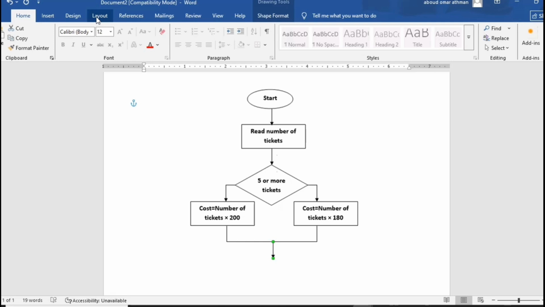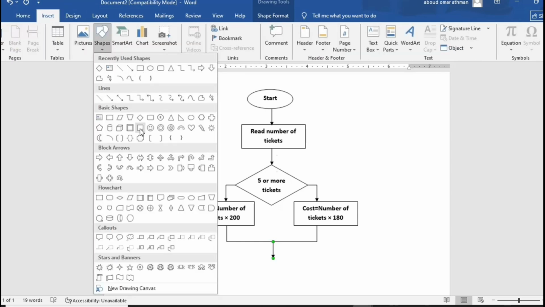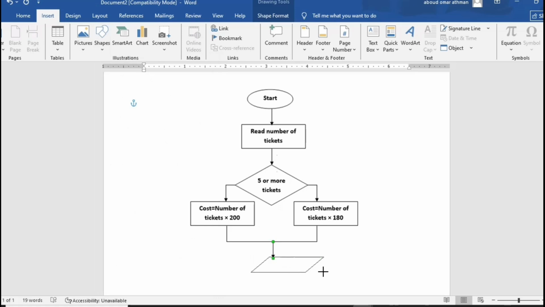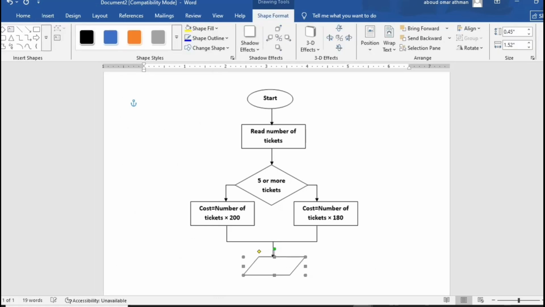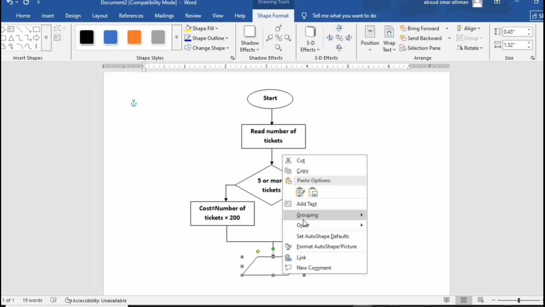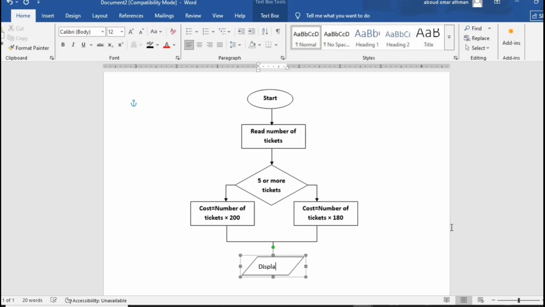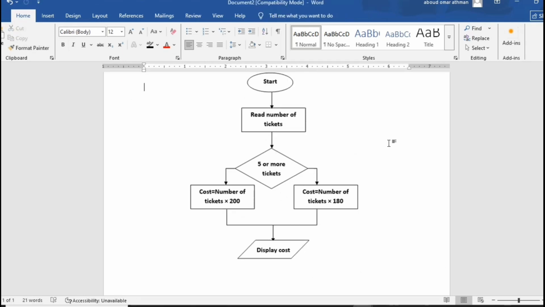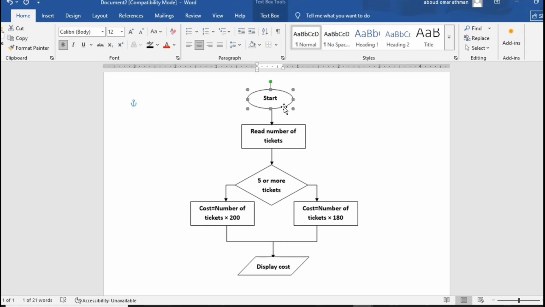Now, if this fan did not buy 5 or more tickets, the outcome here will be no, and therefore if it is no, the cost of the tickets, let's say there are 2 tickets, would be 2 multiplied by 200, which is the normal cost of a ticket.